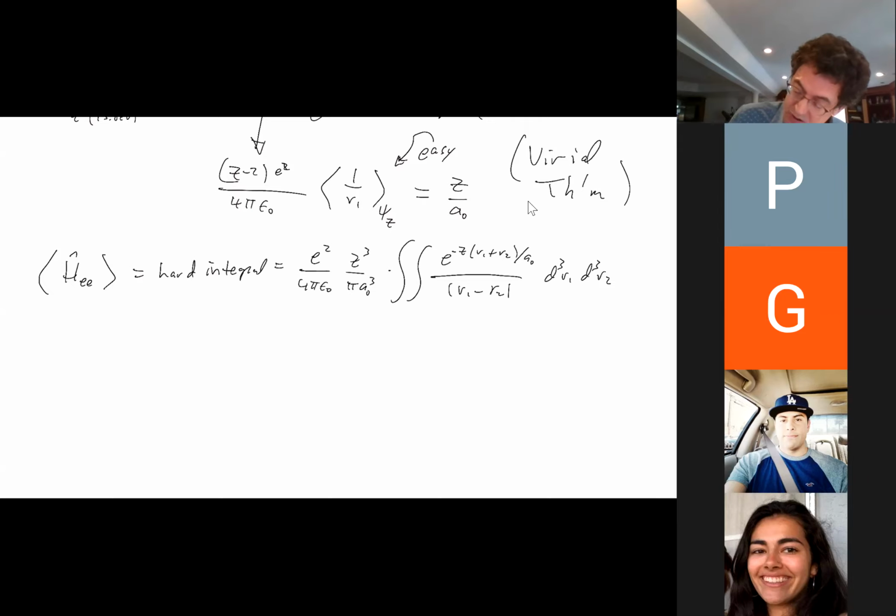This is a hard integral, but the book shows how to do it. It's a famous integral. You see it in E&M as well.